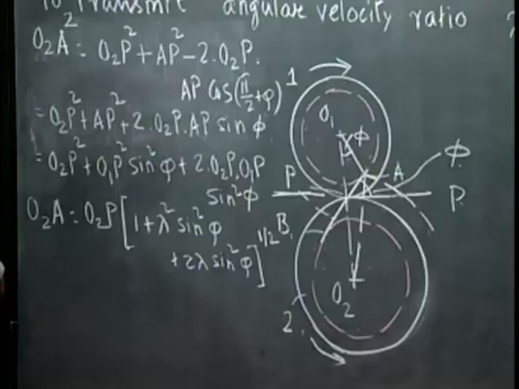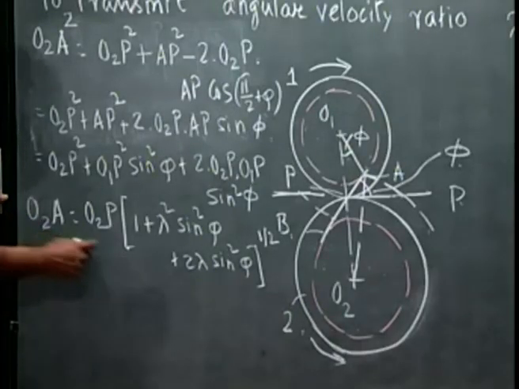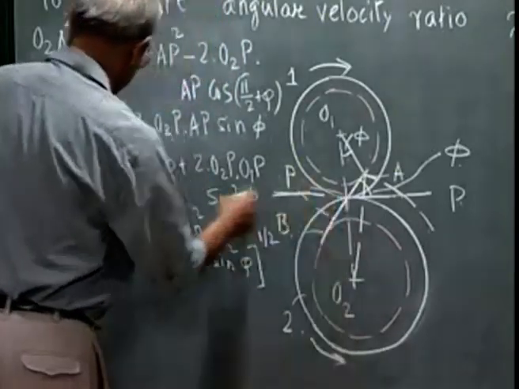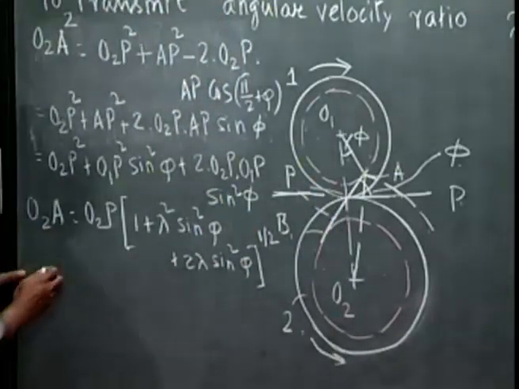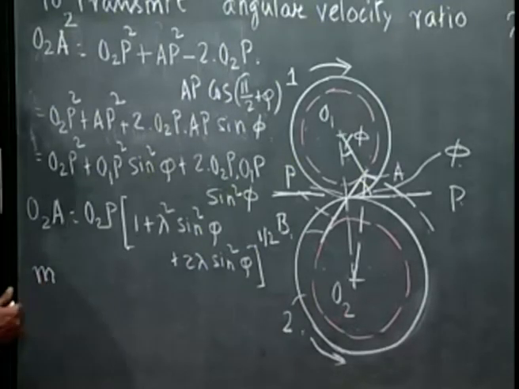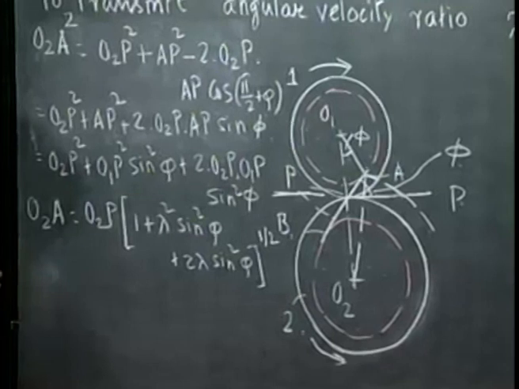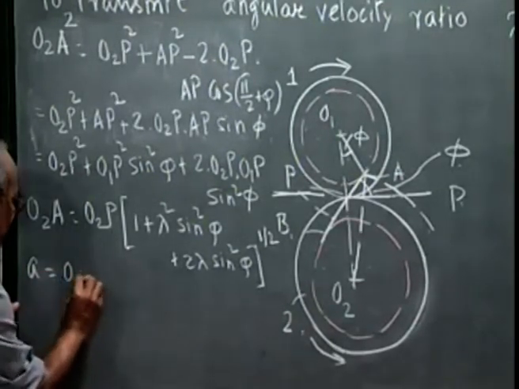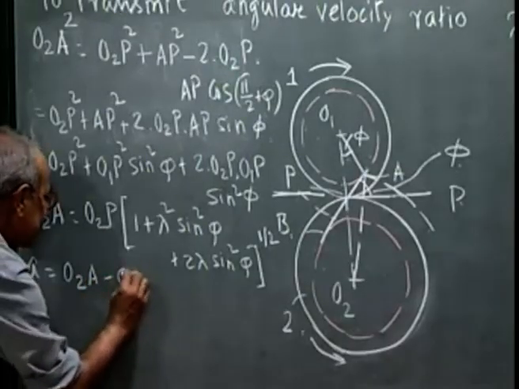Now O2A minus O2P. O2A is the addendum circle radius, O2P is the pitch circle radius. So the difference of this is nothing but, sorry, the addendum. O2A minus O2P, that is the addendum.